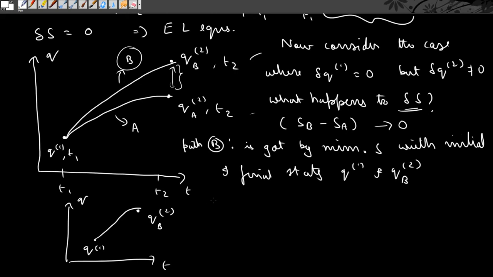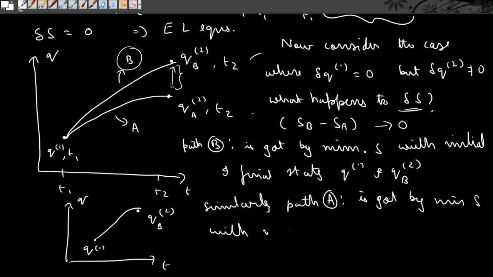Similarly, path A is got by minimizing S with initial and final states.